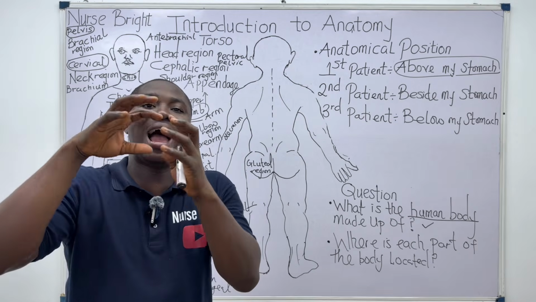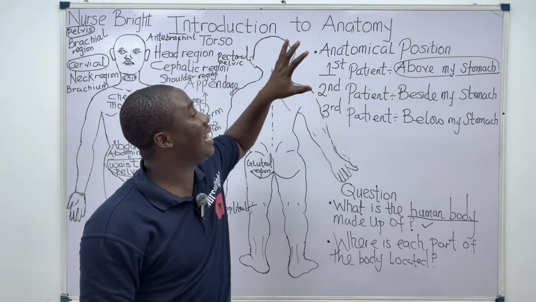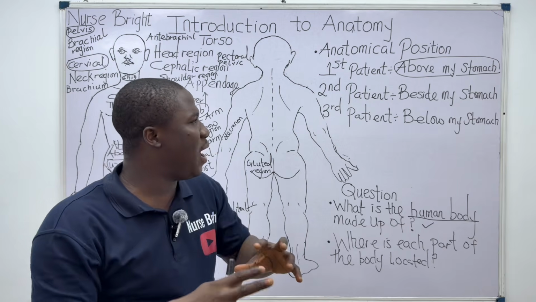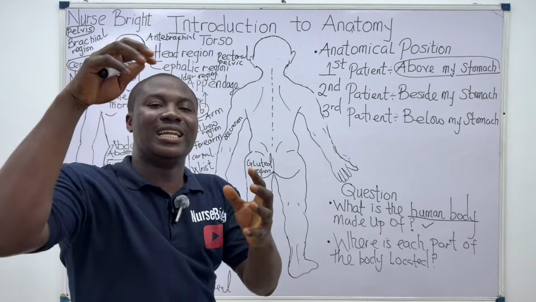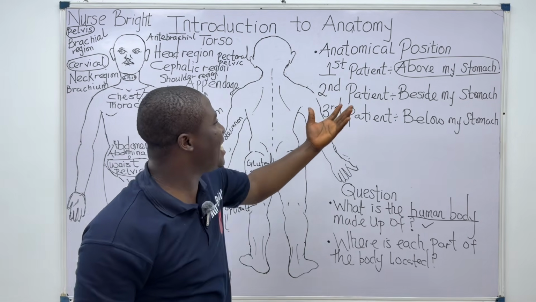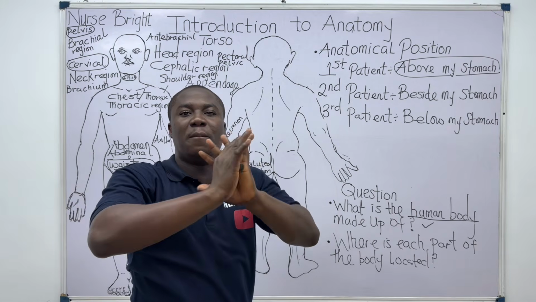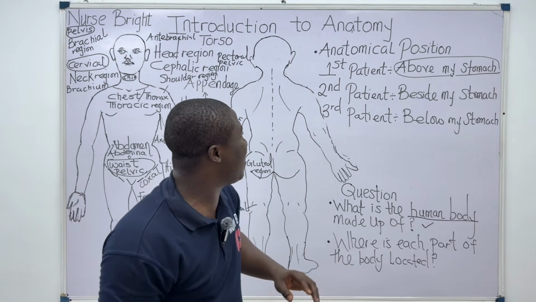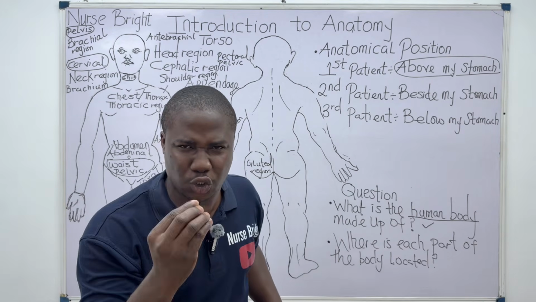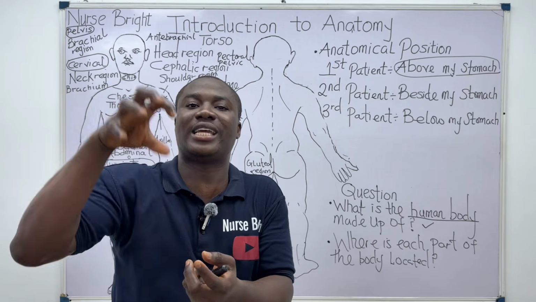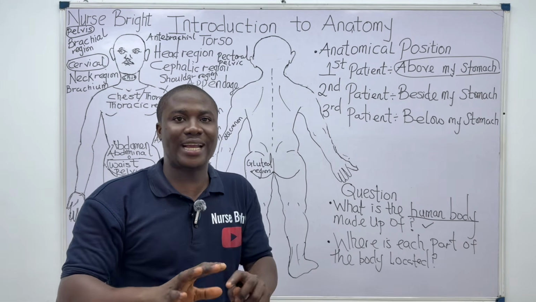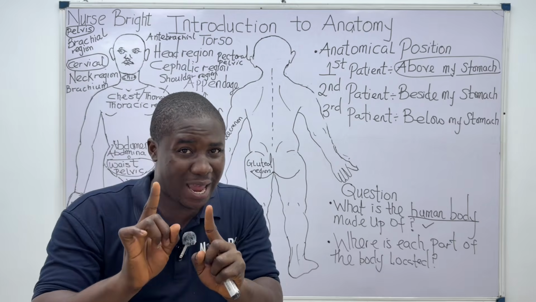But if you have an in-depth knowledge of anatomical positions, you'll still be able to tell where the problem is. But these statements are not precise. These statements are not accurate for a healthcare professional. So in simple terms, just pay attention.